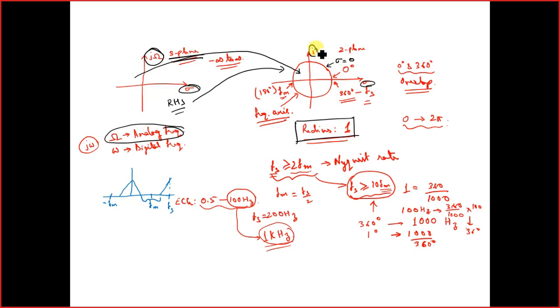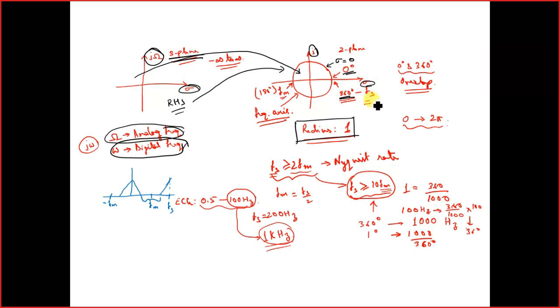This unit circle is basically the frequency axis, and this frequency is given by the digital frequency omega. So on this unit circle we have the digital frequency. This digital frequency starts at 0 degree and ends at 360 degree.